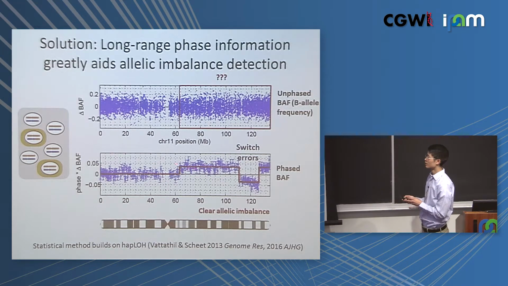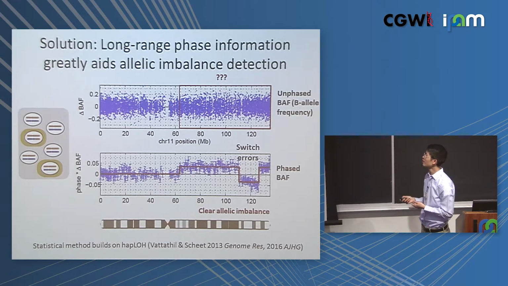And the shift remains steady until around 110 megabases, and then you suddenly swap the sign, and you have a shift in the opposite direction, and then you swap the sign again, and you have a shift in the positive direction. And so what's going on is that haplotype 1 maybe corresponded to the paternal haplotype, and haplotype 2 corresponded to the maternal haplotype across this whole chunk. But then there was a switch error, and the maternal versus paternal assignments were swapped, and so now you get this shift in the opposite direction.